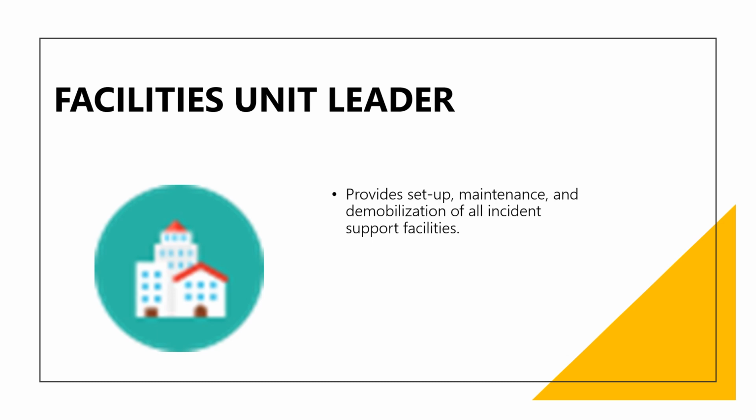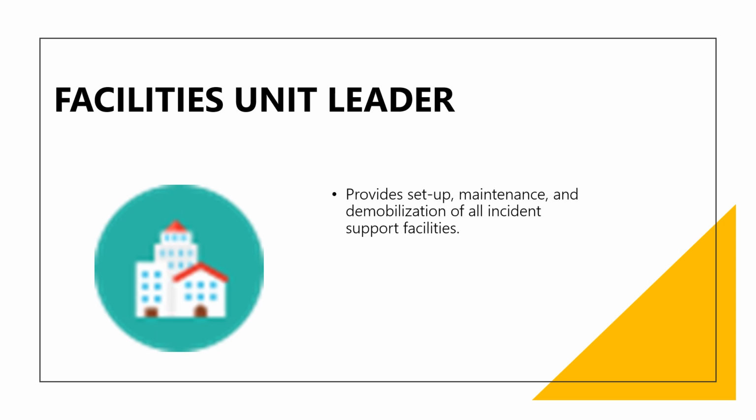The unit leader will maintain a log of facilities and/or properties under the management of the facilities unit. They're assessing the needs of the EOC and field incident command posts for field facility resources, and they're ensuring that all structures are safe for occupancy and comply with ADA requirements.